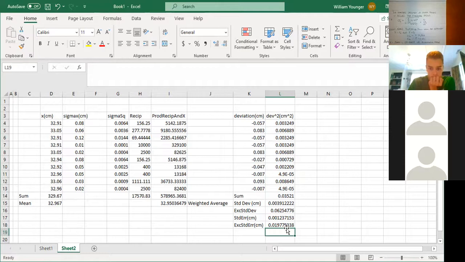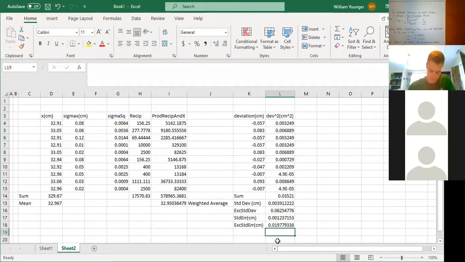So what I'm going to tell you now is when you go to report this, this is where I'm going to teach you about the rounding. Let's say I assume what I did with Excel was right. I'm going to write over here on this piece of paper that the mean was equal to 32.967 centimeters.